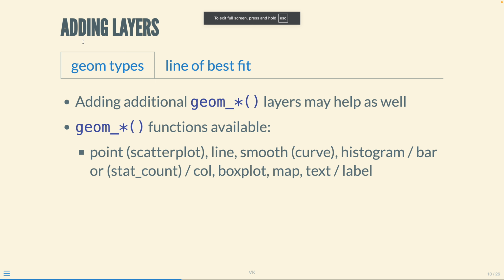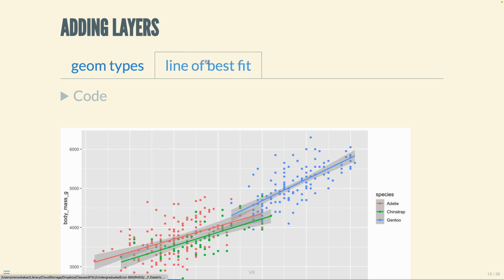Now you can add different types of layers. Remember the plot that we wanted to achieve? That type of plot can be achieved if we add different geometries to the observations on our graph. In addition to a scatter plot, which can be achieved by geom_point, we can also add a line, a smooth curve, etc. Let's say we wanted to insert the line of best fit, where there's a line fit through the red points, the green points, and the blue points.